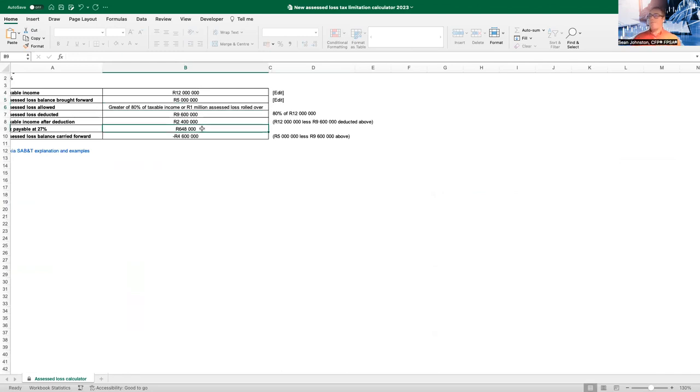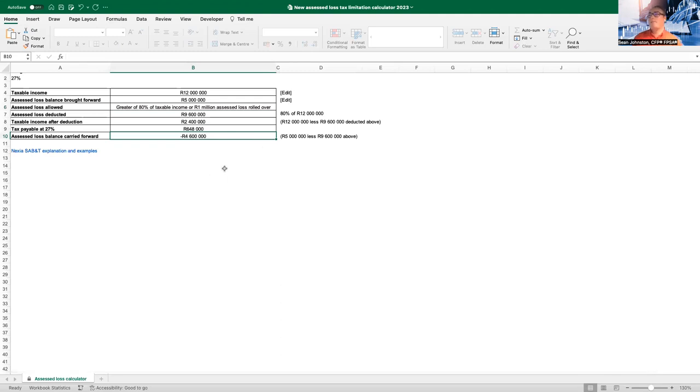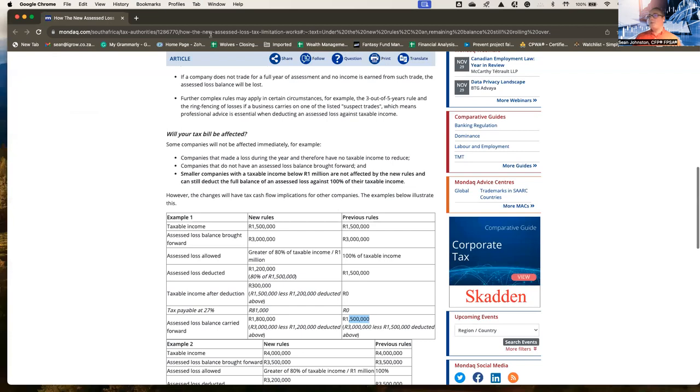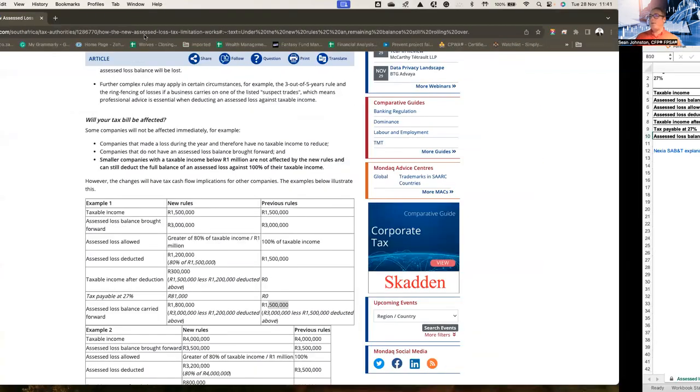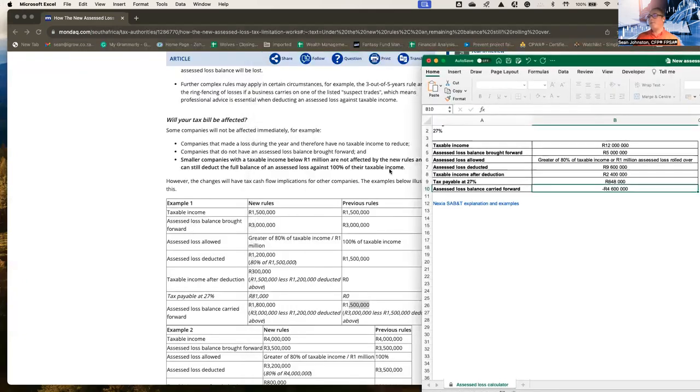You now need to make provisions for 648,000. In this case, balance forward will be 4.6 million because obviously you're going to roll that over. So yeah, I hope this template can add some value to those who are just looking to get a bit more advice on how the tax applies to different scenarios.